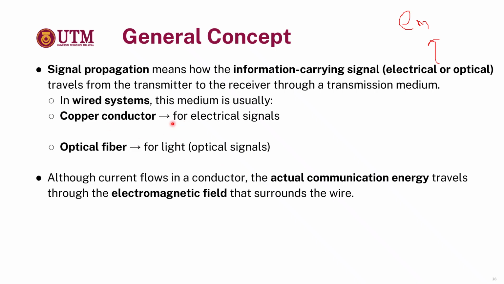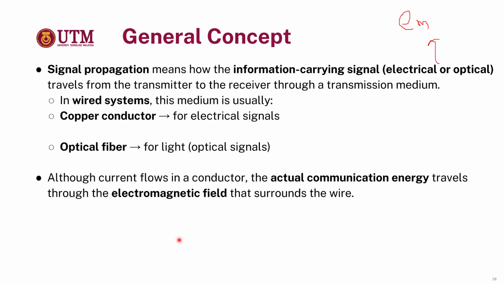For wireless communications, you may add that it is in terms of electromagnetic wave. Although current flows in a conductor, the actual communication energy travels through the electromagnetic field that surrounds the wire.